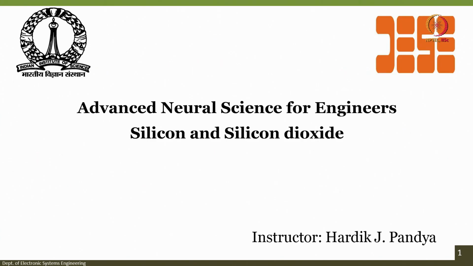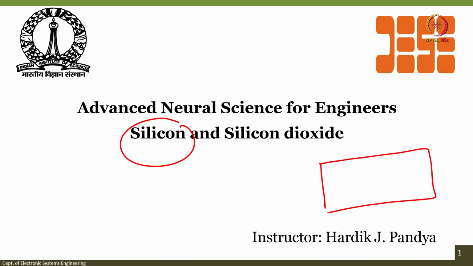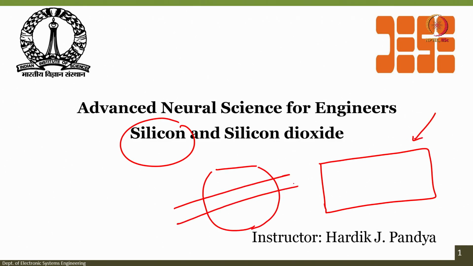So what we call silicon, the silicon that you see here, I will draw here. I ask many of my students, when they apply for even PhD, to draw a cross section of silicon. It is very easy. Let's take a cross section and that is it.